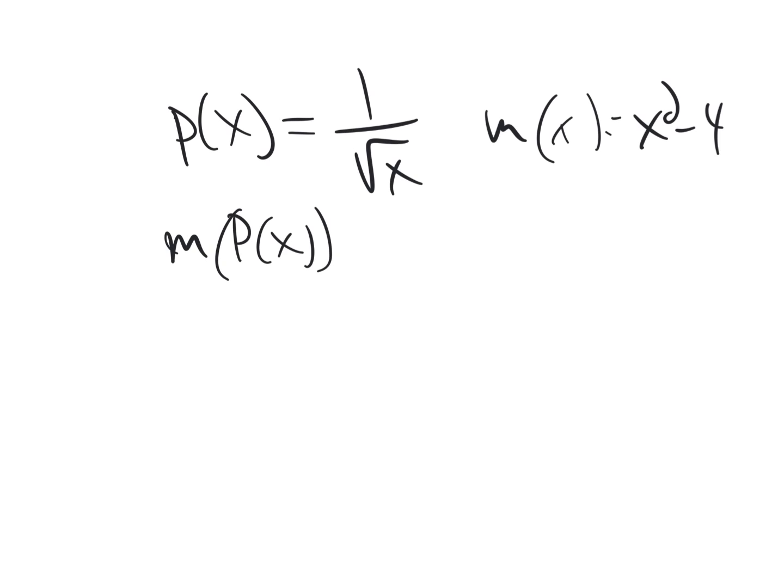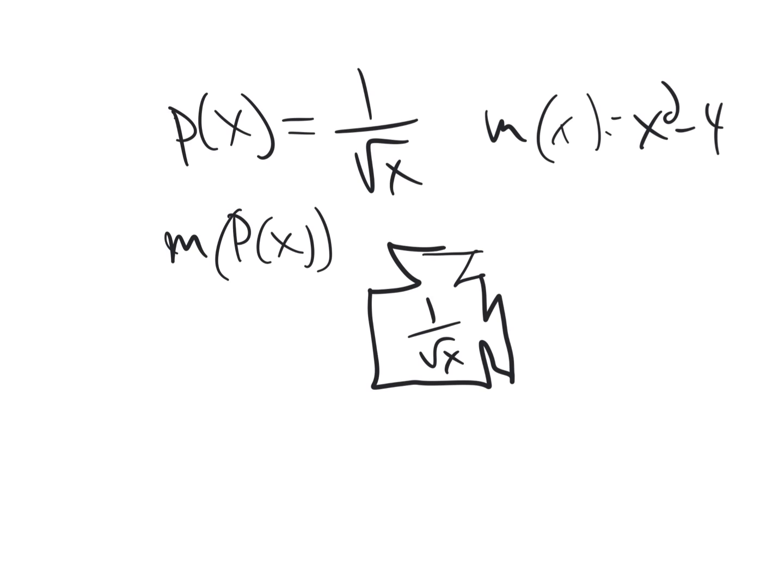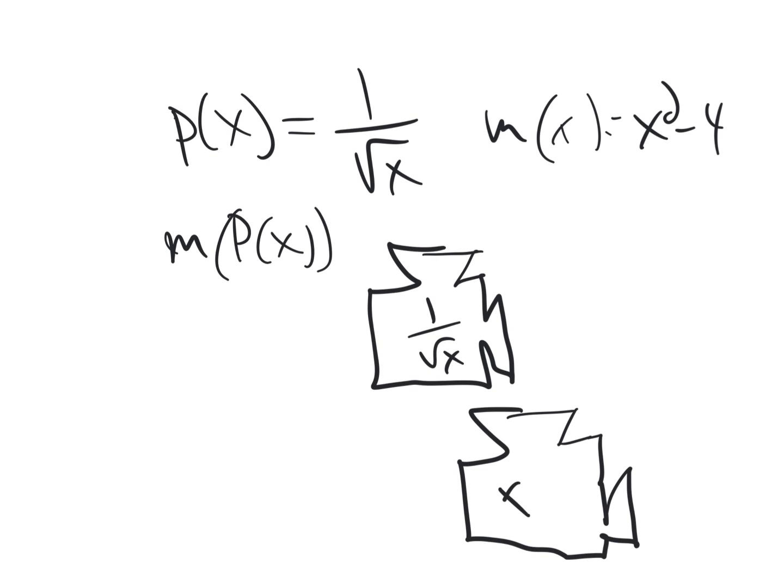So we're nesting p in first. So the first function, if we're thinking about function machines, those in and out machines, p of x will be first, so 1 over the square root of x, and then here's our m function. That's going to be x squared minus 4.